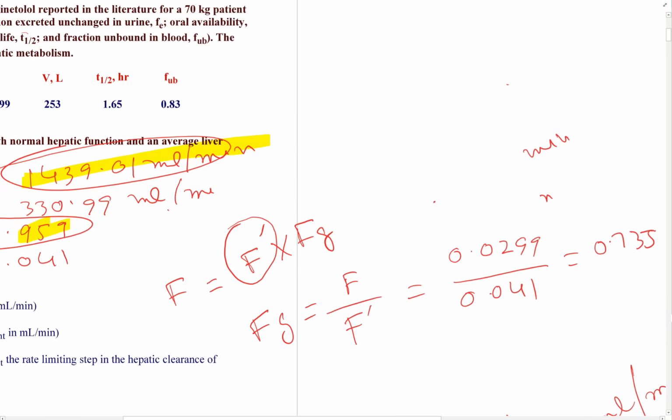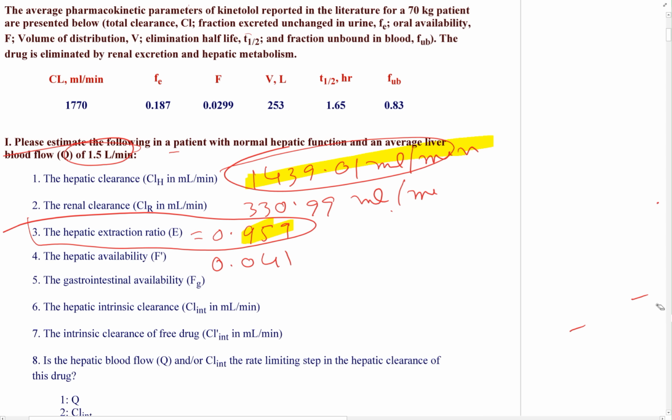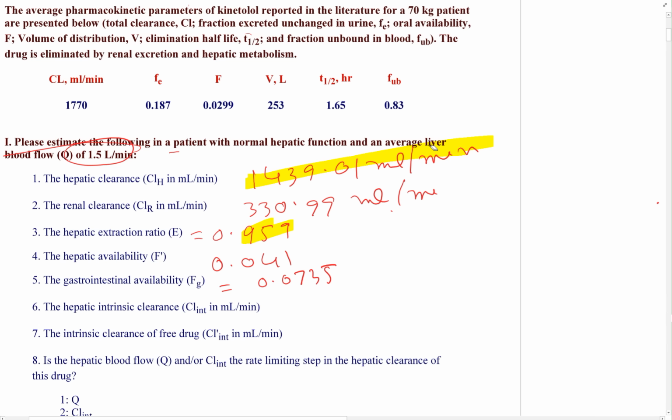So this is our GI availability. As you can see, there is no unit here. Clearance and renal clearance have units, but extraction ratio, hepatic availability and GI availability have no unit. Now we have intrinsic clearance.